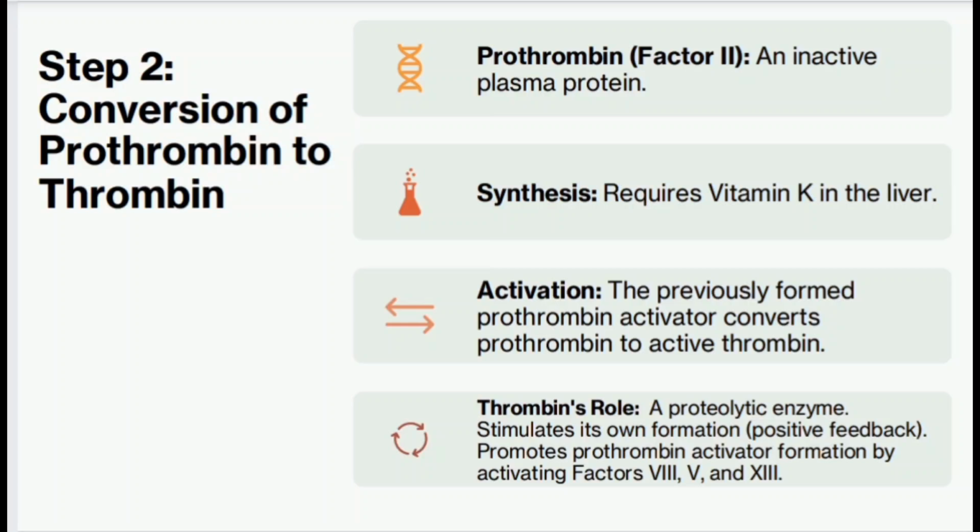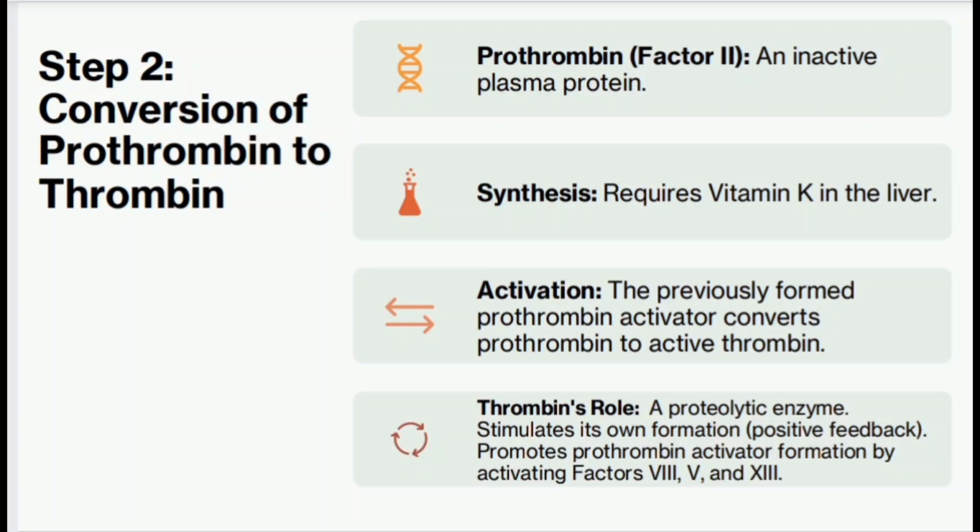Then step 2, conversion of prothrombin to thrombin. Prothrombin, that is factor number 2, is an inactive plasma protein synthesized in the liver. It requires vitamin K. So for the synthesis of prothrombin, vitamin K is required. Then activation: the previously formed prothrombin activator converts the prothrombin to active thrombin.